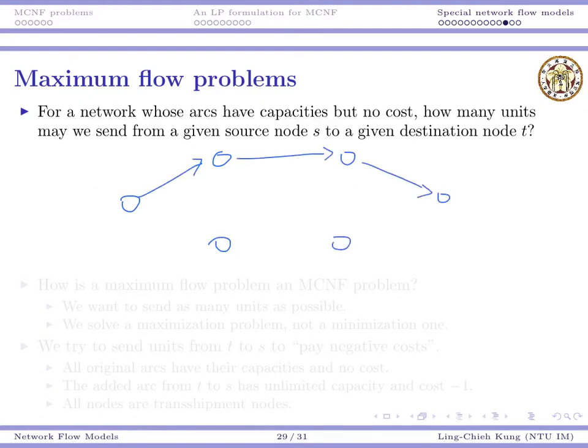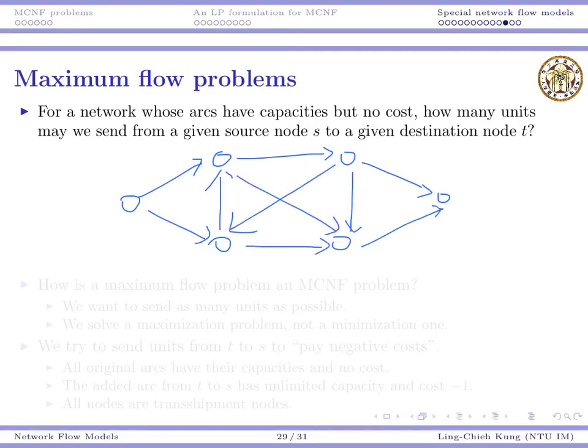So there are some arcs. For each arc, now there is no cost, but there are capacities. Maybe 4, 5, 6, 3, 2, 8, 2, 3, 7, 6, something like this.